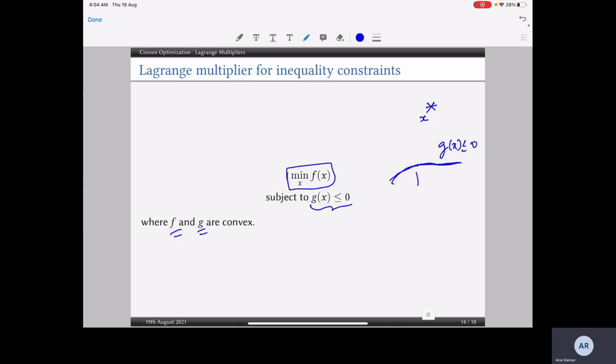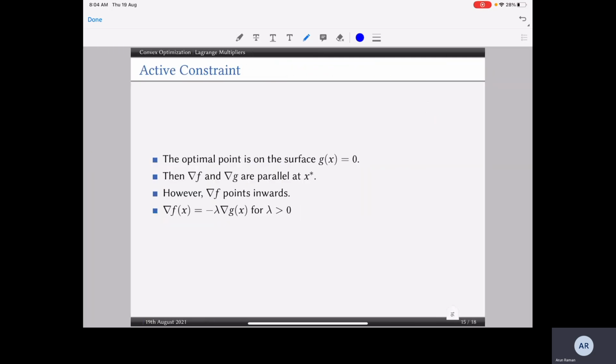This was the boundary because of which we cannot reach x star. So our optimum will lie on the boundary, because we want to be, informally or intuitively speaking, as close to x star as possible. This is what an active constraint means. So the optimal point is on the surface g(x) = 0.